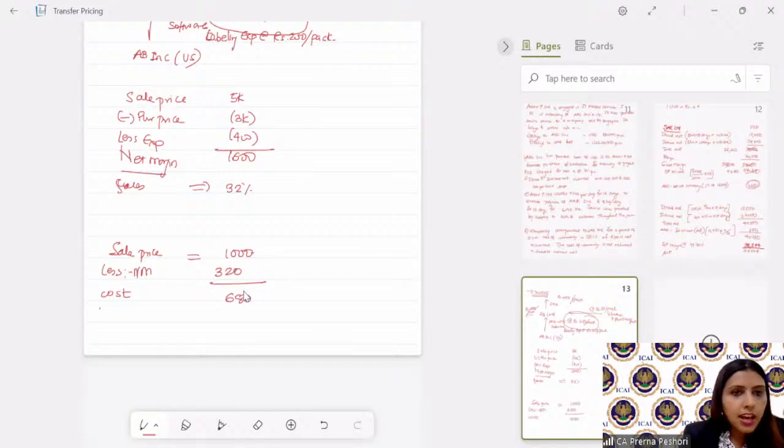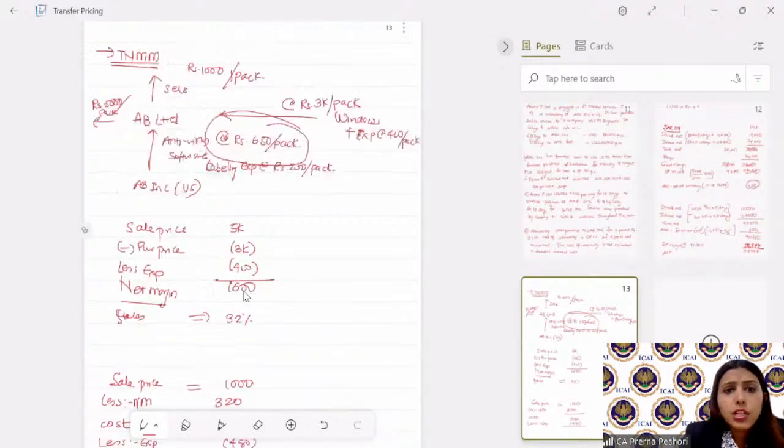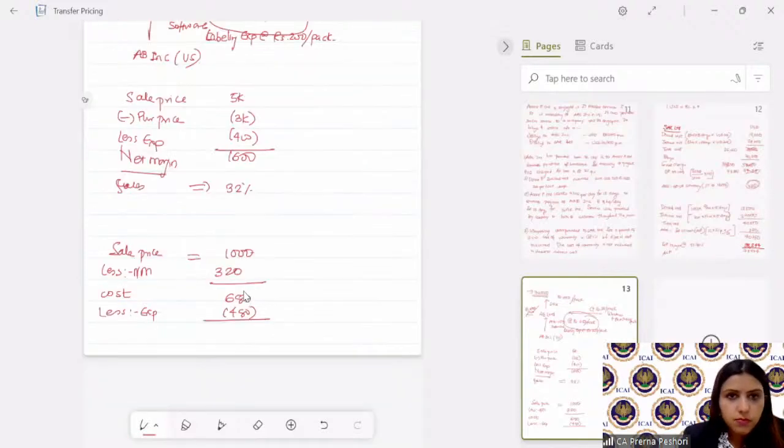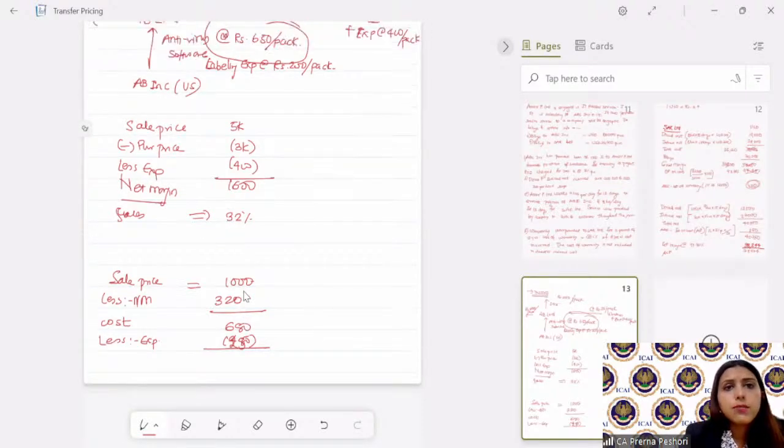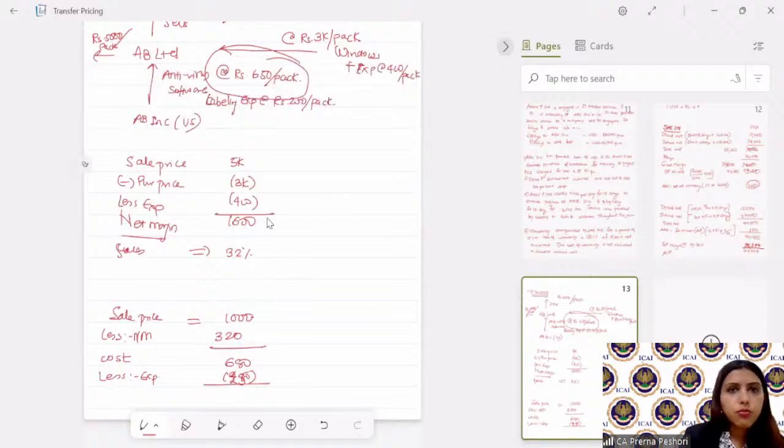From this, I will reduce the expense, which is 200, not 250, sorry.